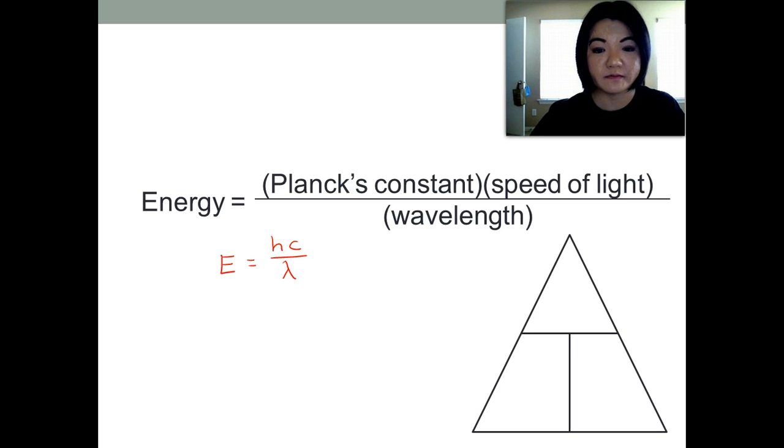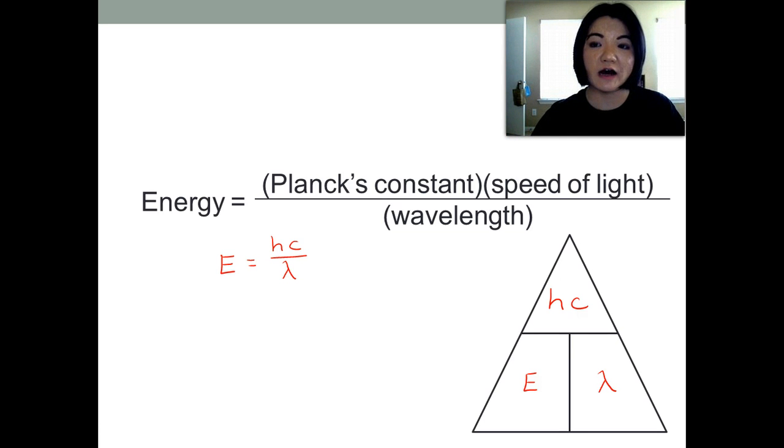In this case, h times c will be on the top of the formula triangle, E and lambda are on the bottom sections. h times c can be together because those two numbers are never going to change, and anytime you multiply them together you're going to get the same answer. So it's okay to put them together in the same section.